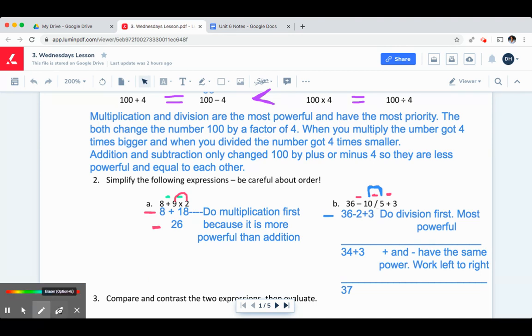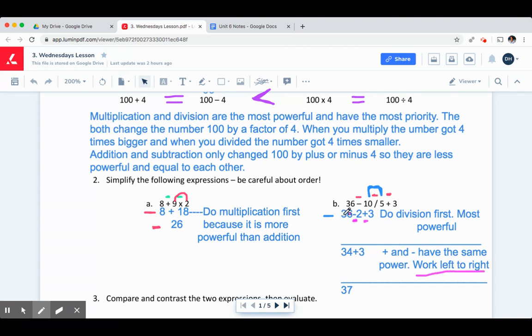Now I have addition and subtraction left over. What did we say about addition and subtraction's power? We said that addition and subtraction are equally powerful. So because they have the same amount of power, we are just going to work from left to right.